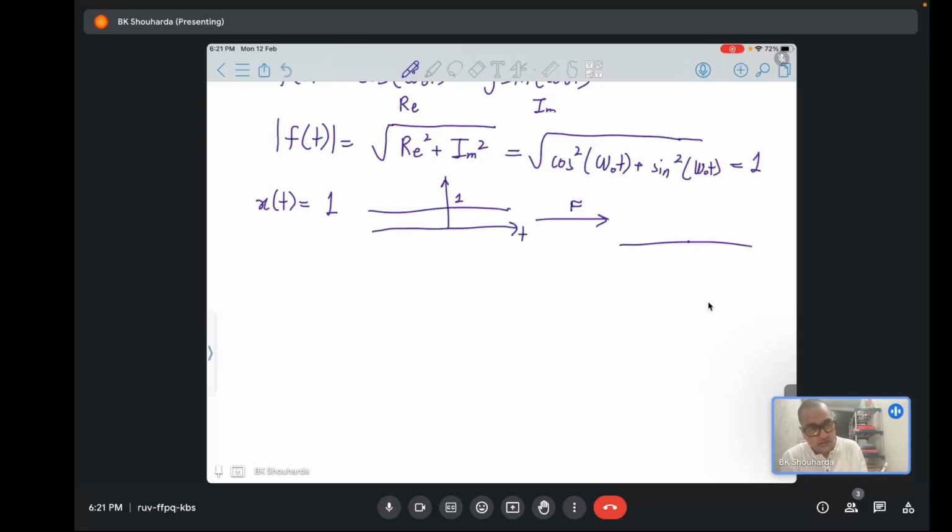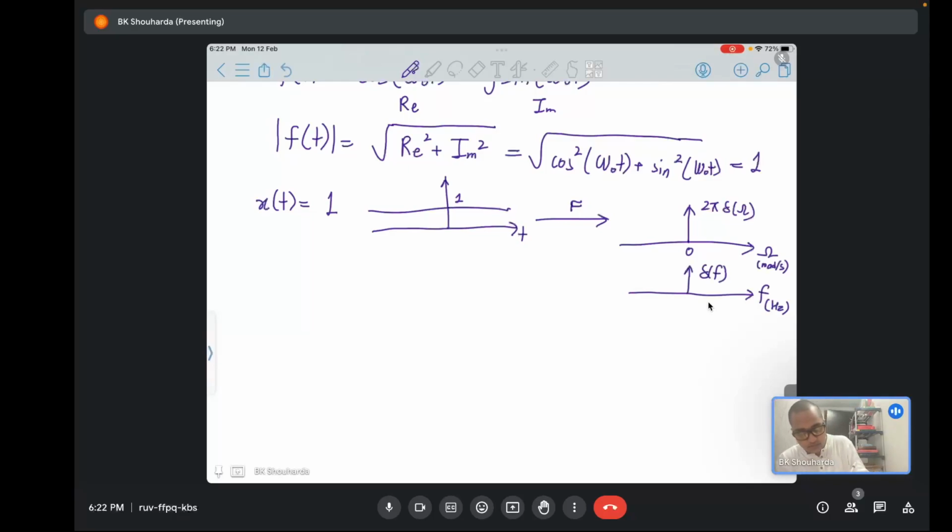Since it's a zero frequency signal, we will actually have a delta function at 0. If we are using the omega notation, radian per second, we will have 2 pi delta omega, or if we are using hertz, then this will be delta f.